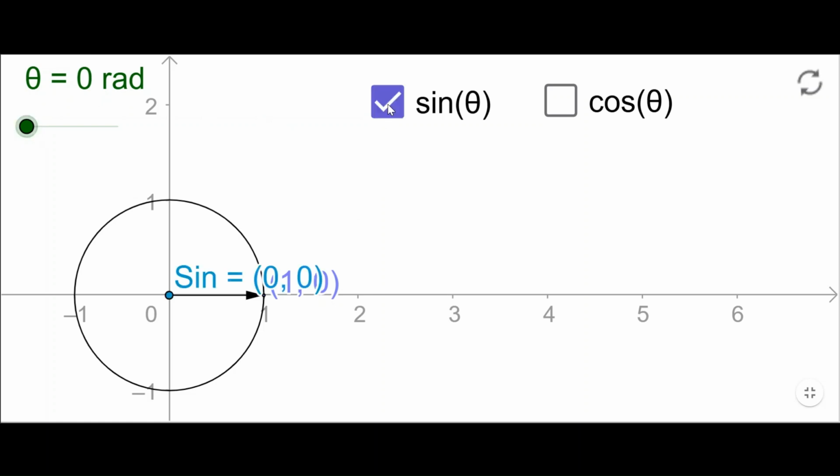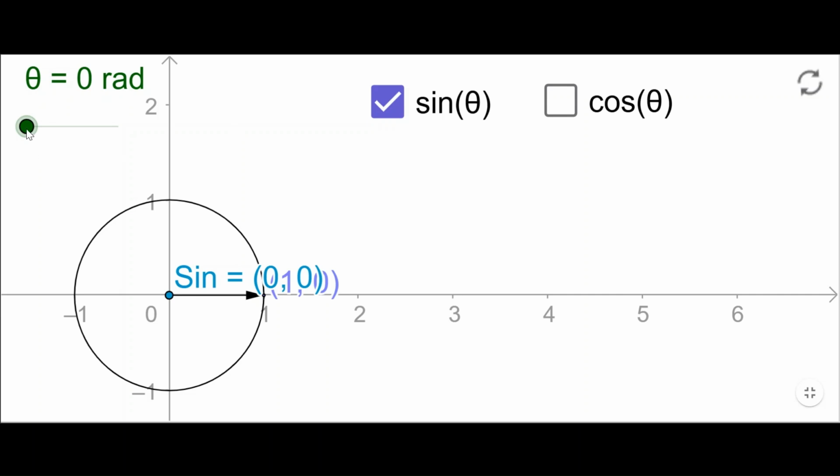So the sine function, it's kind of hard to see here because they overlap each other, but the sine function has 0, 0. The first 0 is the x value, which comes from the theta angle of rotation. And the second 0 comes from the y coordinate on the unit circle.